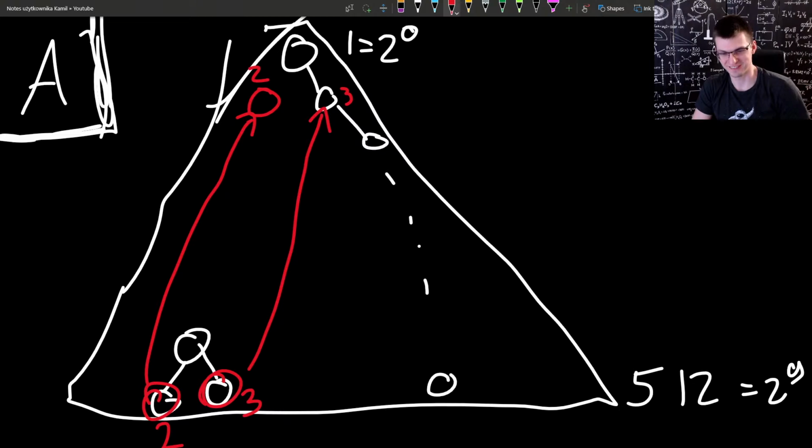And what now? I cannot say that all the leaves just point to 2 and 3.